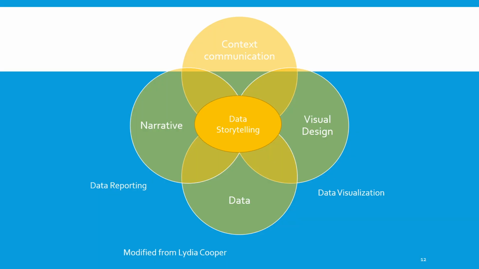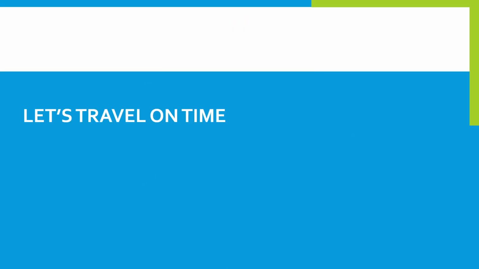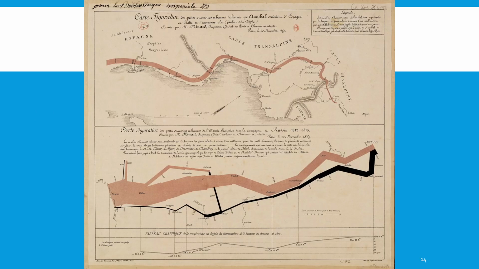Now, let's travel in time and look at this graph. I don't know if you have seen this graph before or not, but this is one of those visualizations of data that has been historically known, and we are going to have a discussion about that.